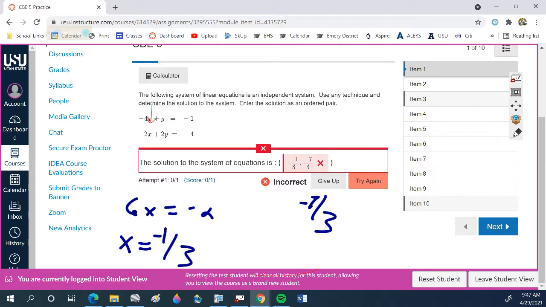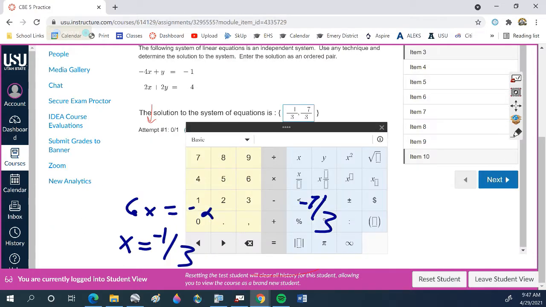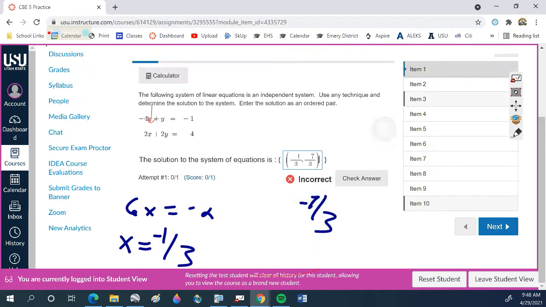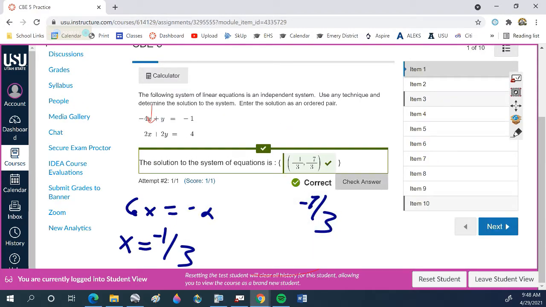Okay. Use any technique and determine the solution as an ordered pair. So, yeah, it says ordered pair, so I should have put parentheses.